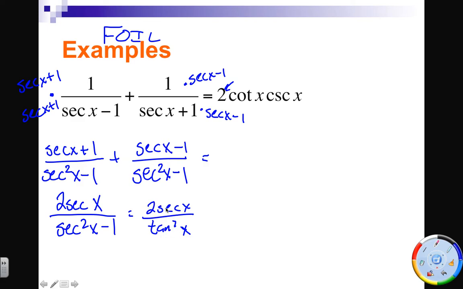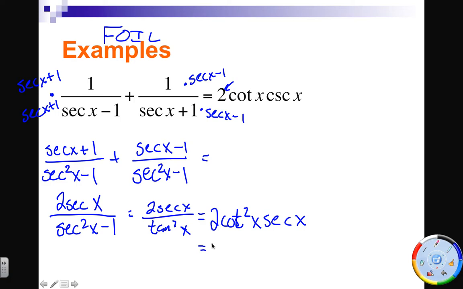Notice that we're being divided by tangent, so this is actually 2 cotangent squared secant x. Well, here's a problem. It still doesn't look like the thing that I want. It's getting closer, I think. I have a 2 and a cotangent, but I have a squared cotangent and a secant.